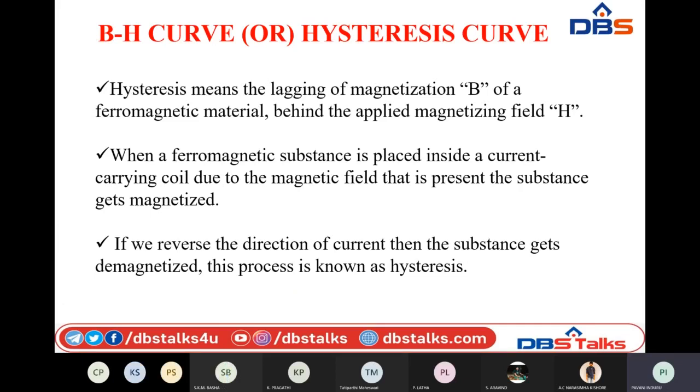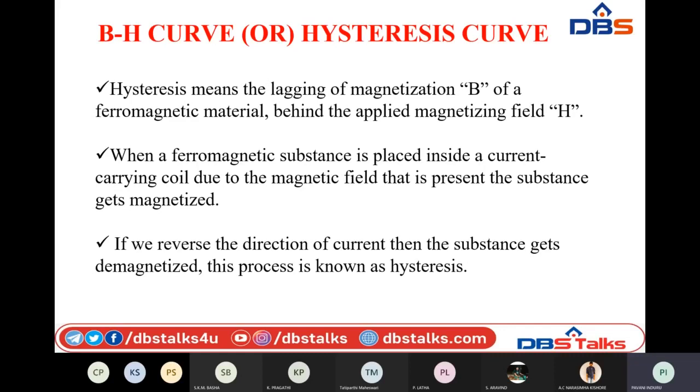Magnetization is the process of developing magnetic properties in a ferromagnetic material. That means we are making ferromagnetic materials behave as magnets. And demagnetization is removing those magnetic properties from such materials.